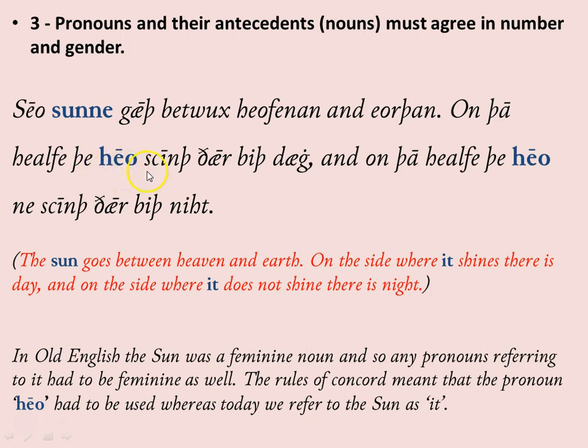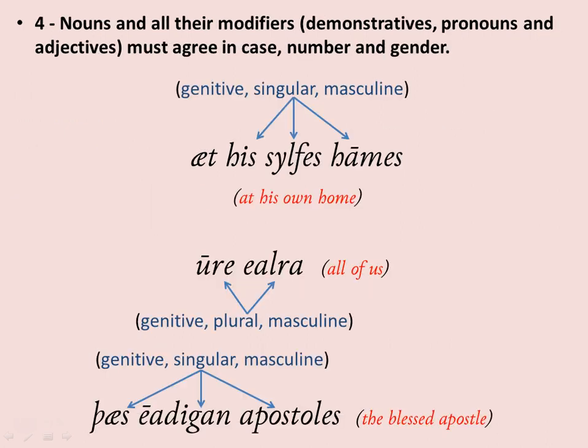Right. Next one, rule number 4: nouns and all their modifiers, that's demonstratives, that, this, and so on, pronouns and adjectives, must agree in case, number, and gender. So let's have a look at this one.